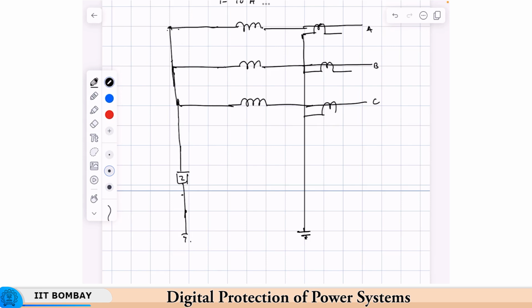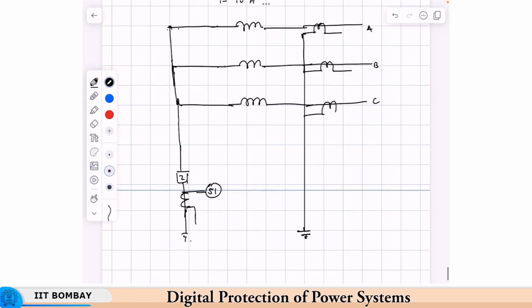So, there will be a CT and a sensitive earth fault relay 51 OG, or let us leave it at 51 only, and then these are phase fault relays.